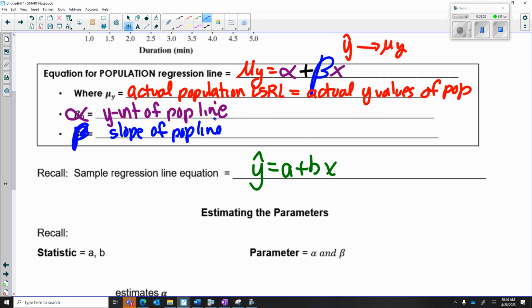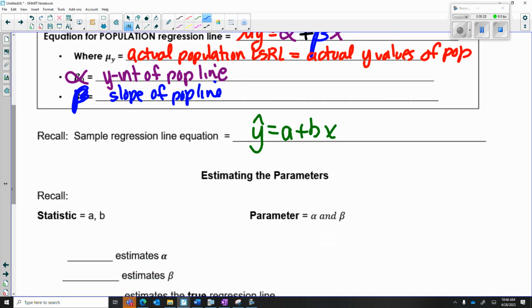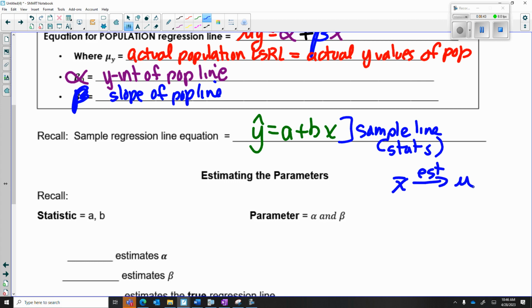Okay, so basically the numbers that came from the sample line are called statistics because they come from a sample, and you use them to estimate parameters. So just like x bar estimates mu for means and p hat estimates p for proportions, a, which is the sample line y-intercept, estimates alpha, which is the population line y-intercept, and b, which is the sample slope, estimates beta, which is the population slope.